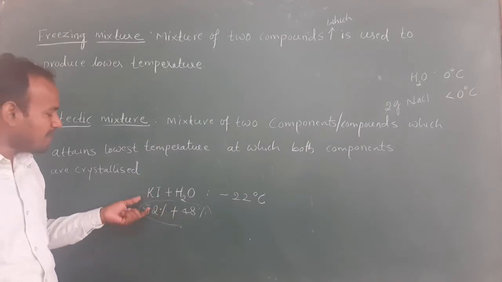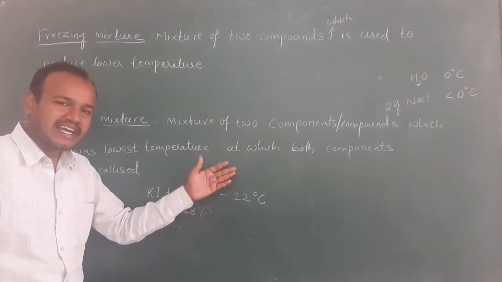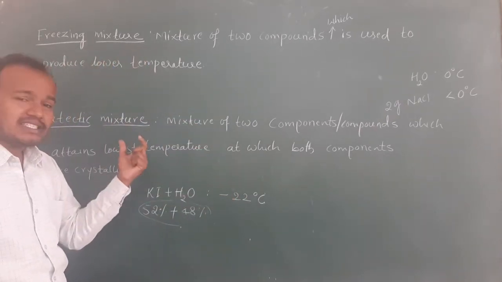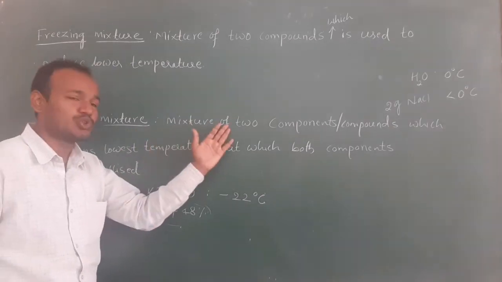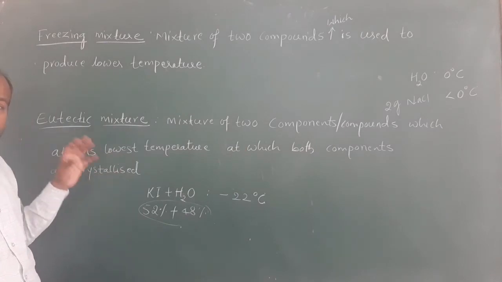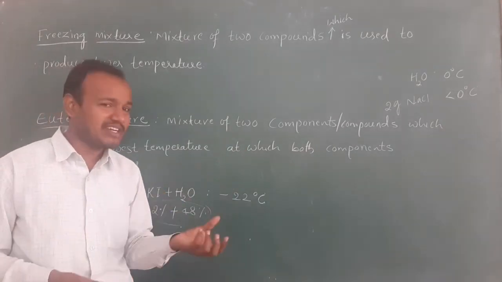When the percentage of KI to the water is less, the temperature is higher than this, so that is called a freezing mixture. When it reaches the lowest temperature attainable by mixing two components, at that temperature both the components get crystallized, and again they are in equilibrium with the liquid state also.